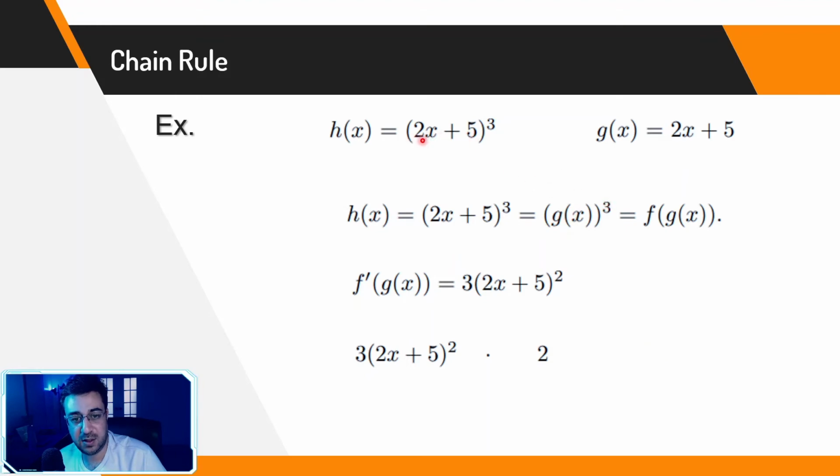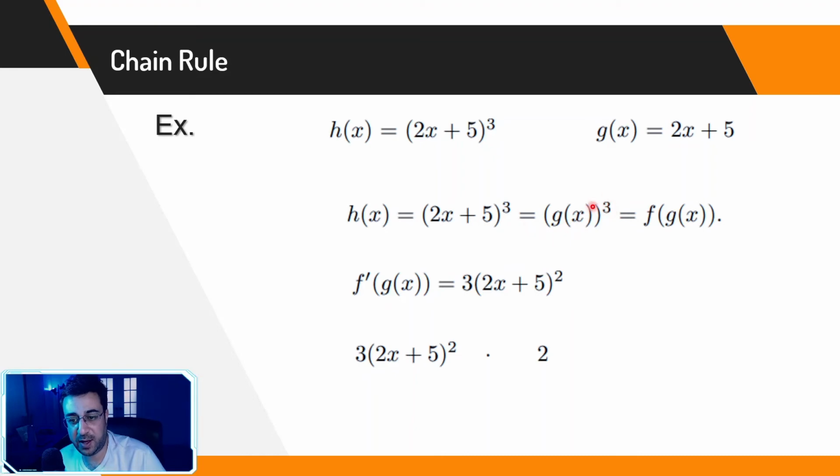So this expression 2x plus 5 is g of x, and f of g of x is g of x to the power of 3. What do you do to get the f prime? You imagine it as x to the power of 3.